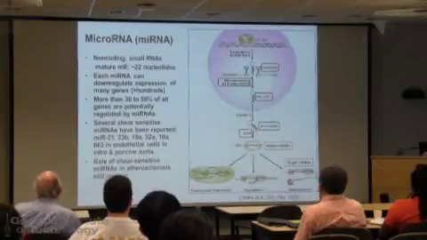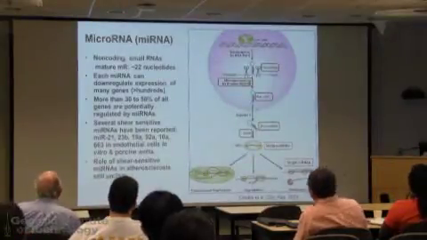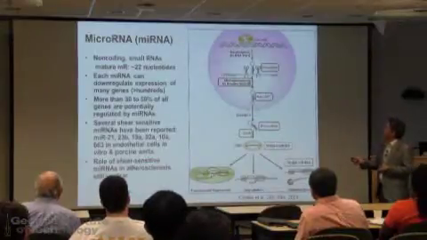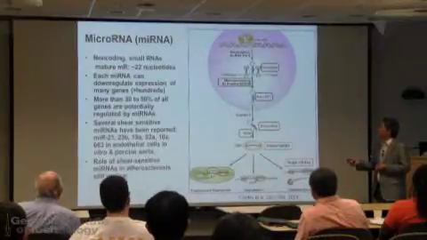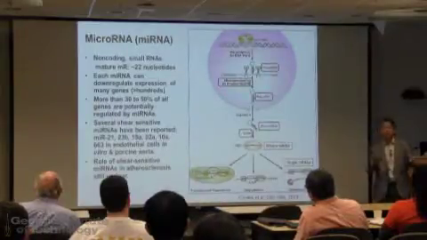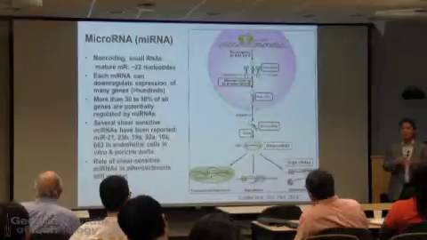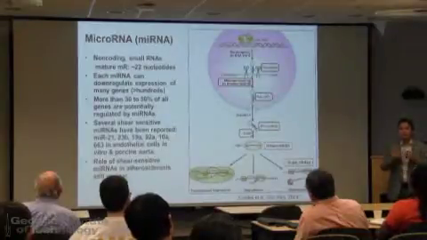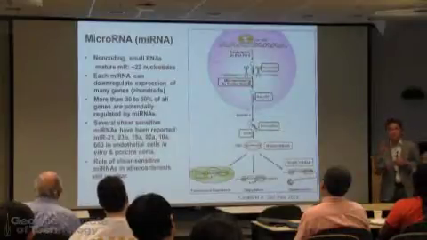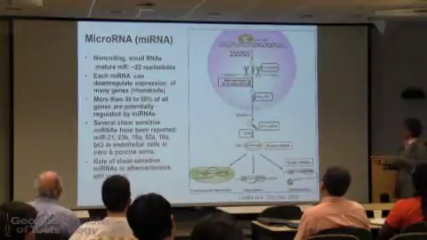So the next topic that I'm going to cover is microRNA. MicroRNA is a non-coding small RNA, and when it's mature, it's about 22 nucleotides, and I'm sure many of you have heard about it. If you haven't, think of it as a cousin of siRNA, small siRNA, that behaves like siRNA, and this is how it works.